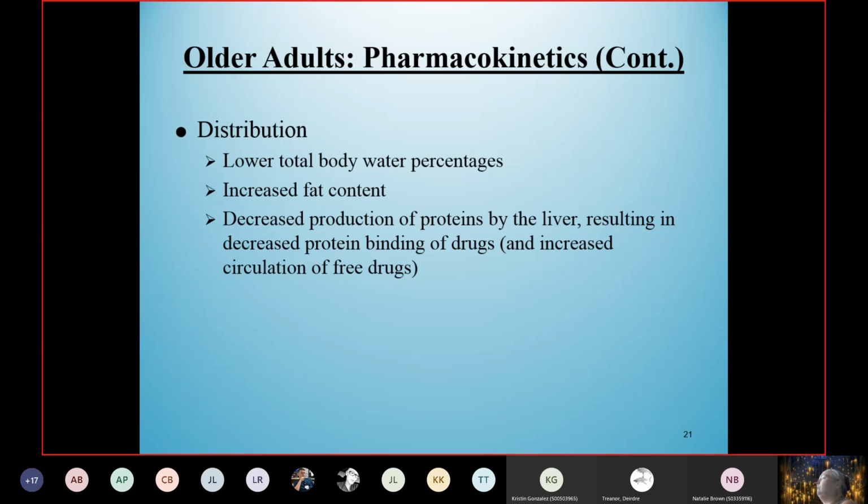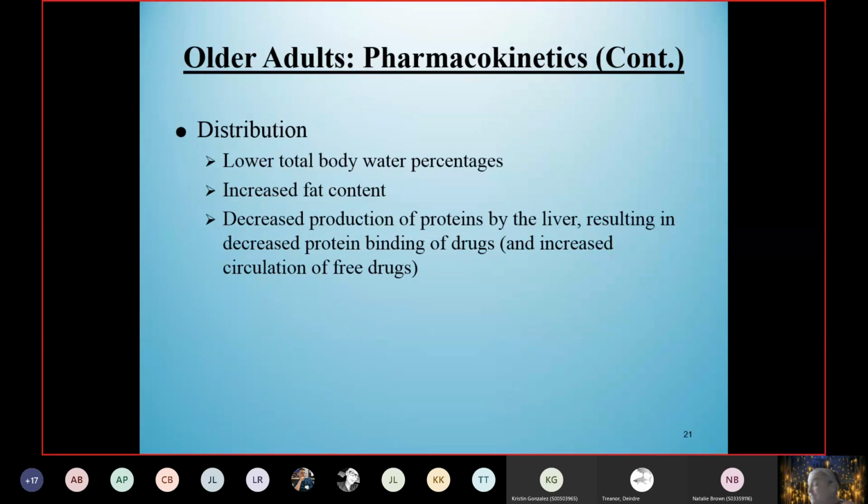So lower total body water, 40 to 65, it's 55% in males and 47% in females. In adults over 60, total body water is 52% in males and 46% in females. So the important thing is there's less body water.